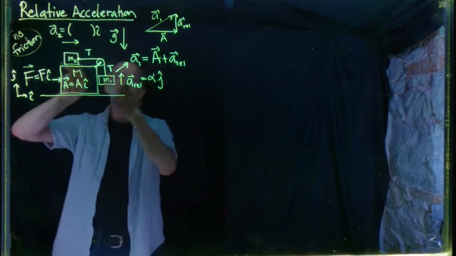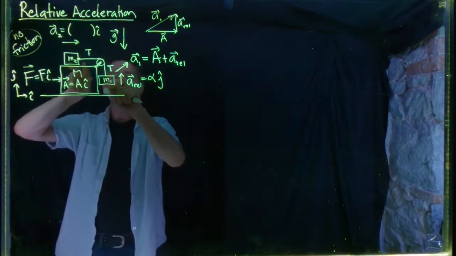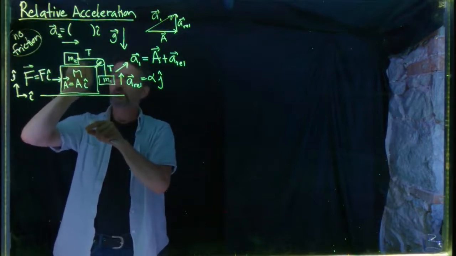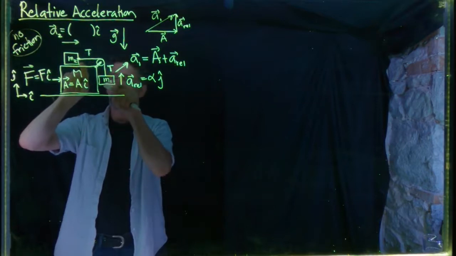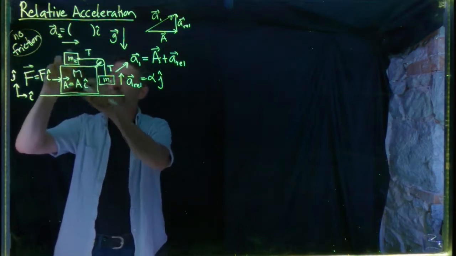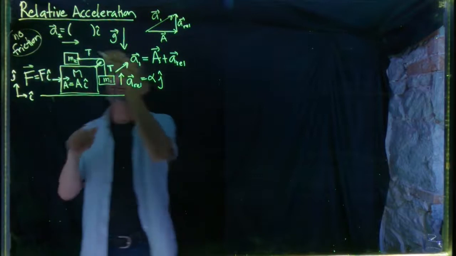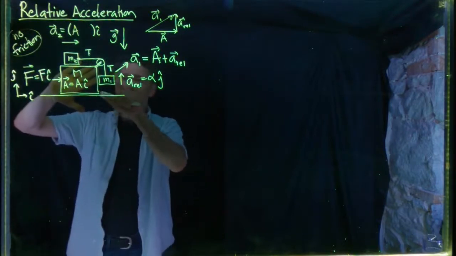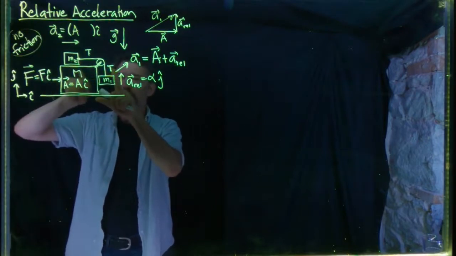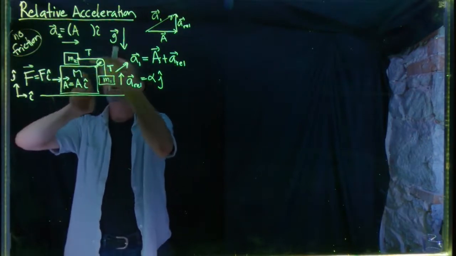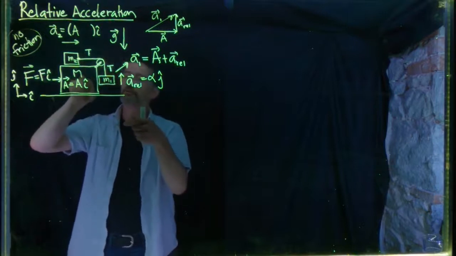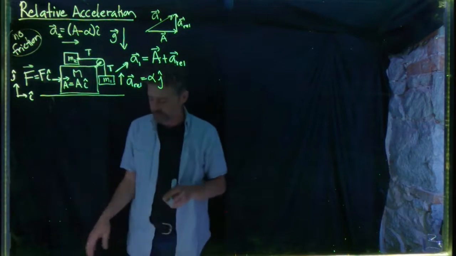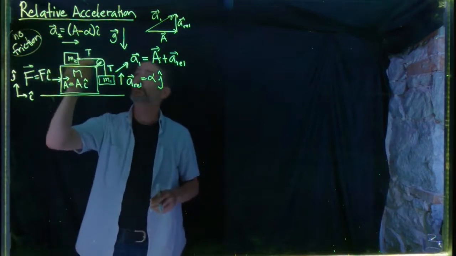If alpha is 0 and M1 is not accelerating up or down relative to big M, then M2 is not accelerating left or right relative to big M. So if alpha is 0, then the acceleration of M2 is the same as the acceleration of big M, and so it's just equal to A. However, if alpha is positive, so M1 is accelerating up relative to big M, then M2 will be accelerating back relative to M. And so we have to subtract alpha. So that's the acceleration of M2 to the right.